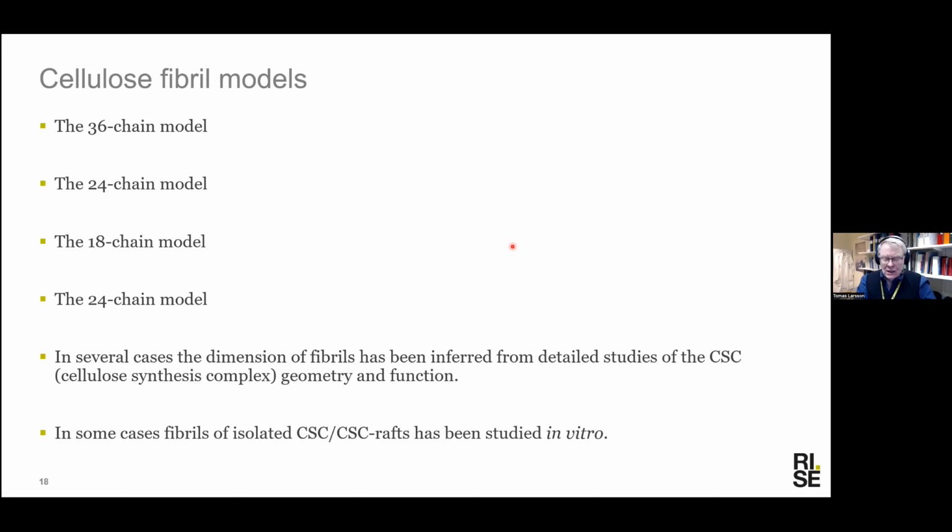I've seen a couple of X-ray measurement papers where they have looked at cellulose nanofibrils in wood, that's prior to isolation, which has shown sizes that are close to this 18 chain model. And in some cases, they have managed to isolate this cellulose synthesizing complex from the cell wall and kept it alive in a nutrient solution where it's been active and producing fibrils and so on.